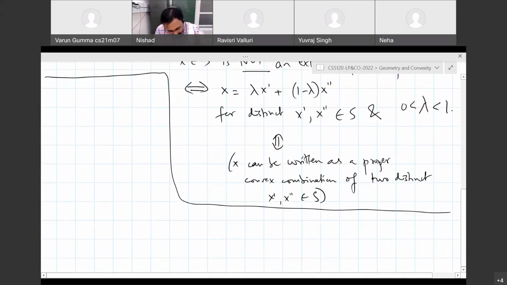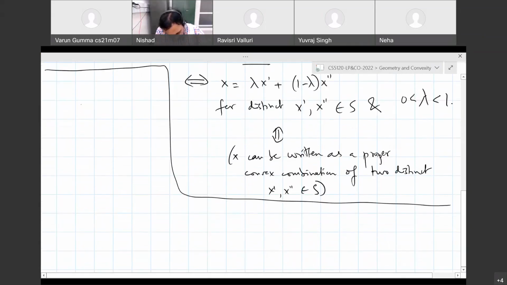If you consider one of our 2D examples, let's say I consider 2x1 plus x2 less than equal to 9, x1 plus x2 less than equal to 7, minus x1 plus x2 less than equal to 5, and x1 is at least 0.